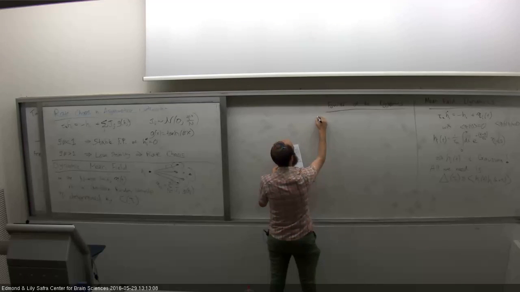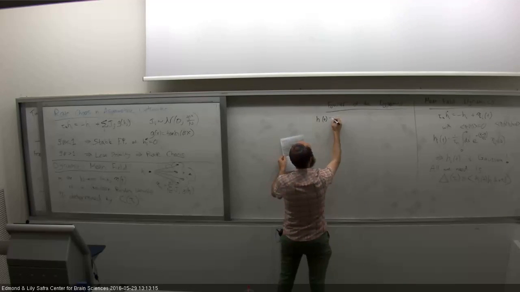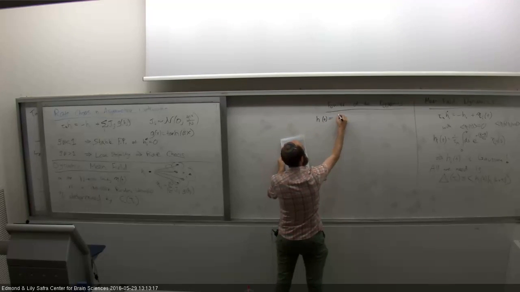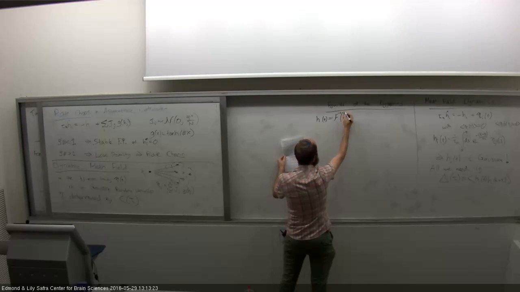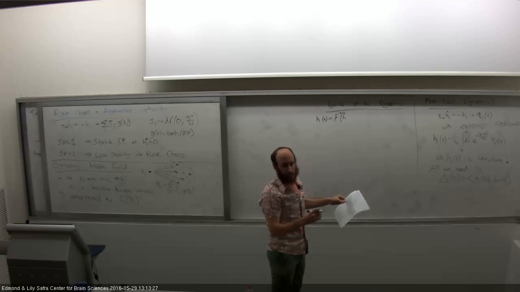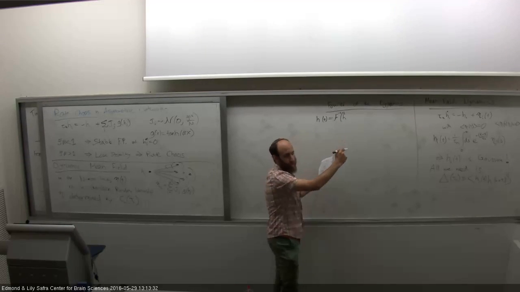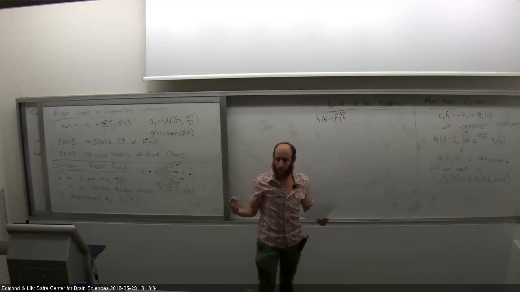So h of t, let's drop the I for now, h of t is equal to the inverse Fourier transform of, and I'm going to use the time averaged form of the Fourier transform that I used when I defined the power spectrum.